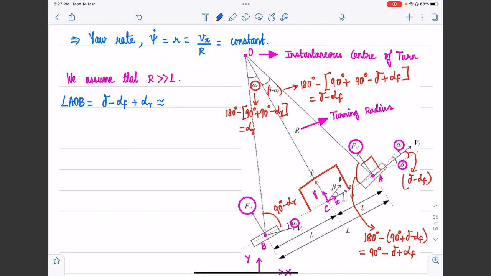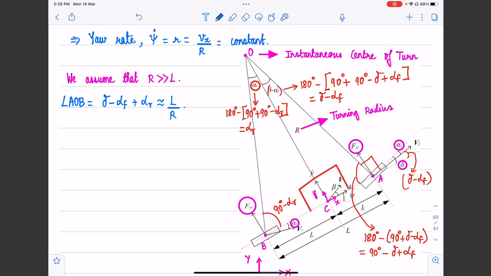Think of point O, the instantaneous center, as very far away. Let's say the wheelbase of the vehicle is 3 meters, and the value of R is 100 meters. So R is much, much higher than L. Under that condition, this angle AOB can be approximated as L by R. L by R is going to be pretty small. This is an approximation we can once again do.